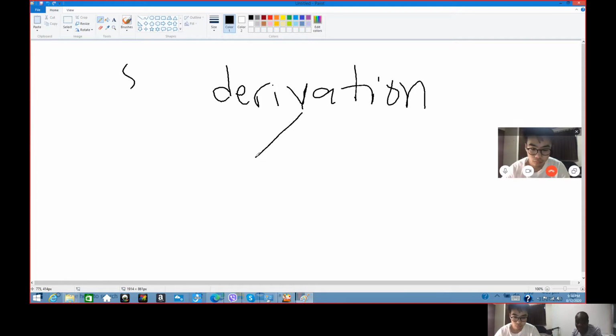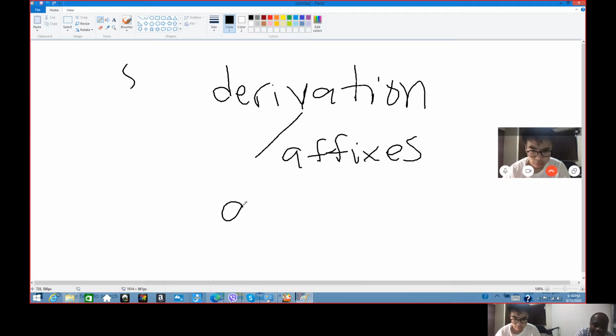So gardener is derivation. And derivational affixes, they are many. In English, they are like 99% of the words we use in English. We have two types of affixes, derivational and inflational. Inflational is very simple, so I'll go to that. So derivational means you are getting a word from another word.